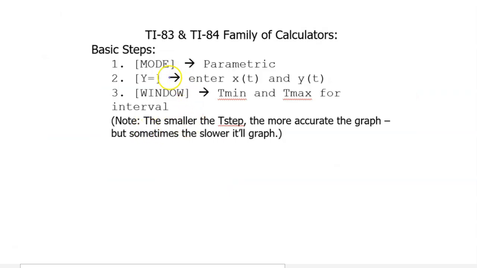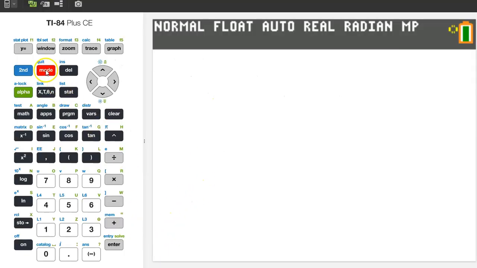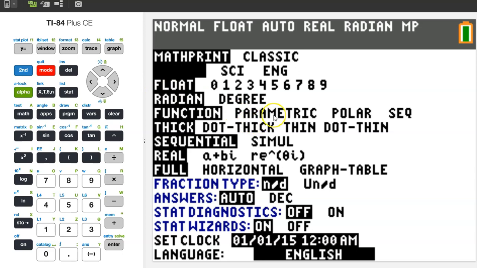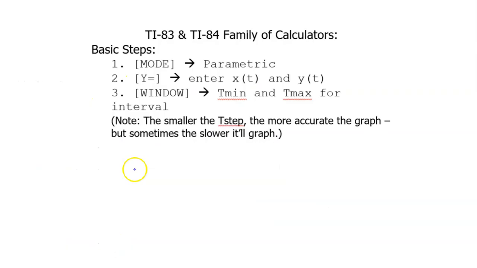Let's get our calculator ready for parametric equations. First, click the Mode button, and we will switch to parametric mode. So here's the Mode button, and right here it says Function versus Parametric. This will cause some changes compared to what we are used to.